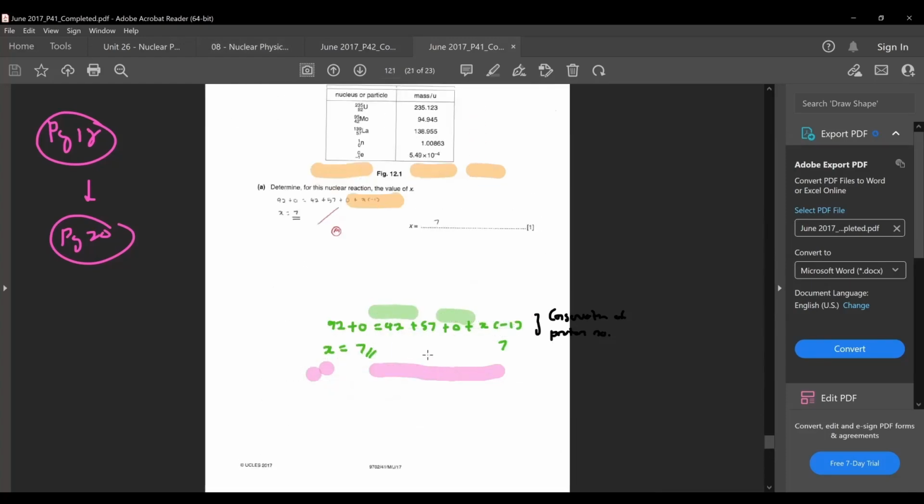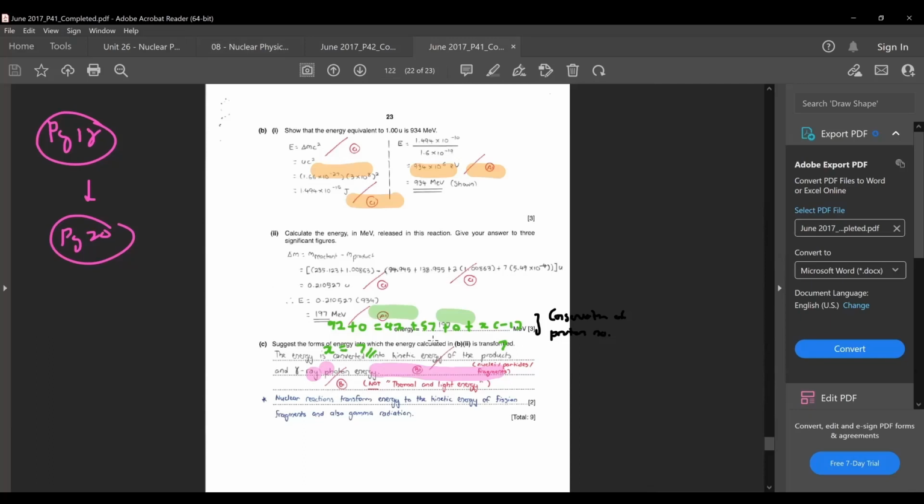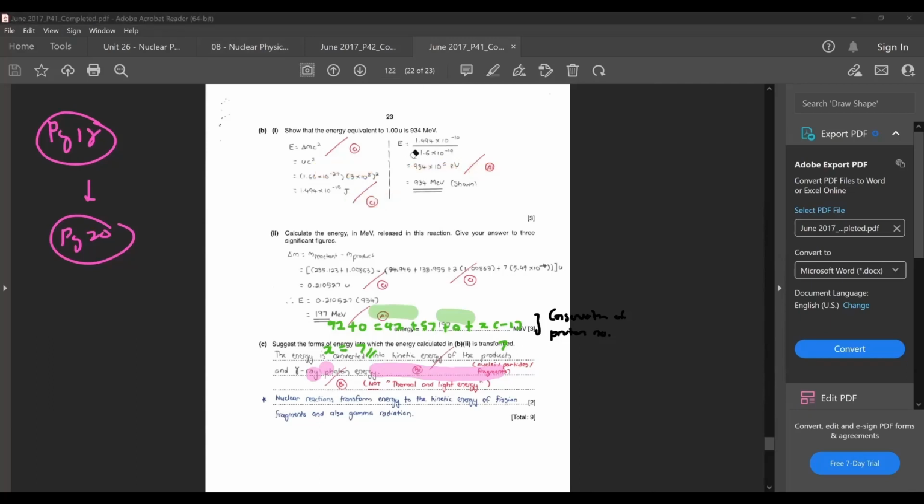So in your case, you do the exact same working as before, where you say that E equals delta mc squared, the mass defect is 1 u, sub in the value of u, sub in the value of the speed of light, square it, and you get this value in joules. Then from that value in joules, you change it to eV by dividing by 1.6 times 10 to the power minus 19. Then change it to MeV. All right, it's the exact same working for 3 marks. Okay, so that's all right.